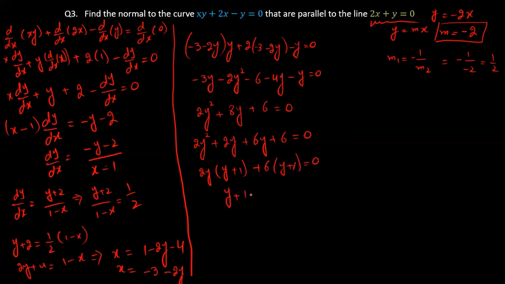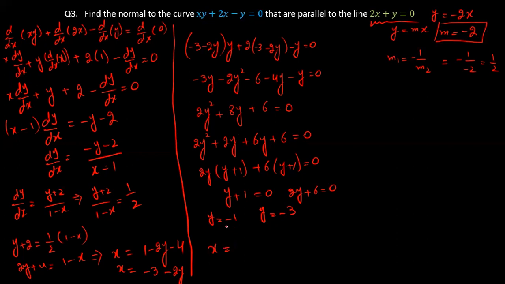So y plus 1 is equal to 0, and 2y plus 6 is equal to 0, and from here we get y is equal to minus 1 and y is equal to minus 3.